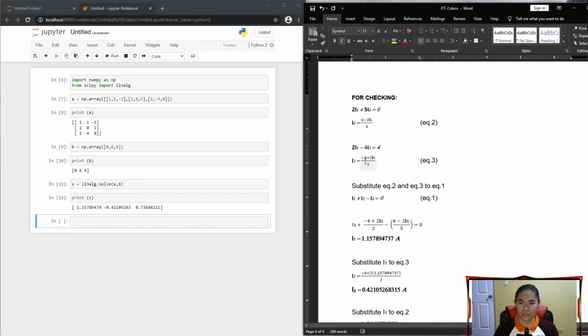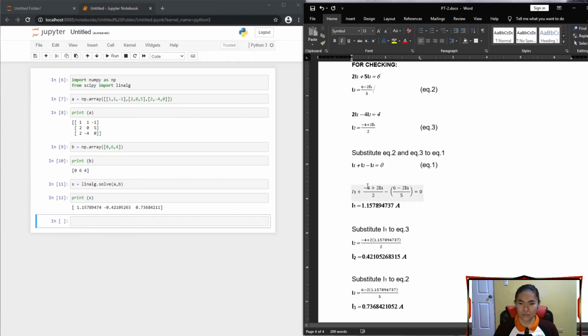Now, after nito, we will substitute equation 2 and equation 3 to equation 1. So, ito yung ating equation 1. So, i-substitute lang natin I2. Ito na siya, negative 4 plus 2I1 all over 2 minus yung sa equation 3, equation 2, 6 minus 2I1 all over 5 equals to 0.